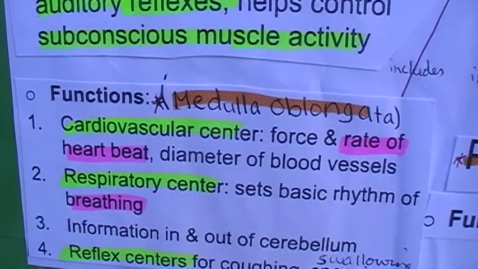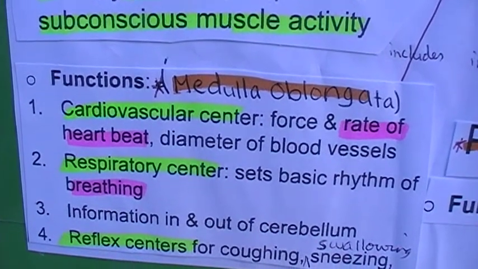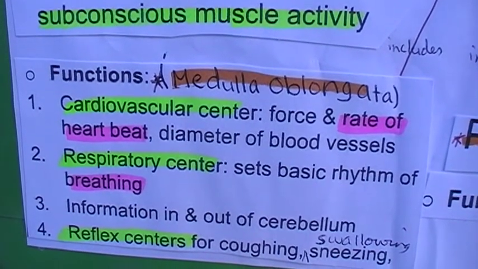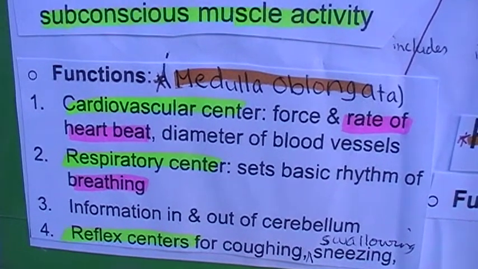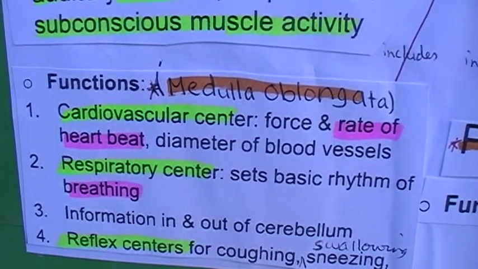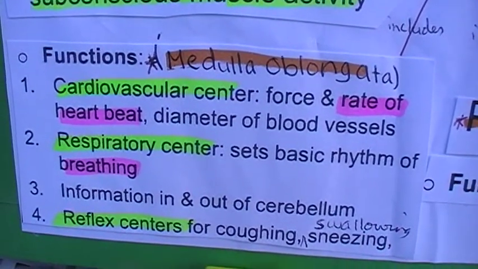And the medulla oblongata has a cardiovascular centre, a respiratory centre, and a reflex centre.